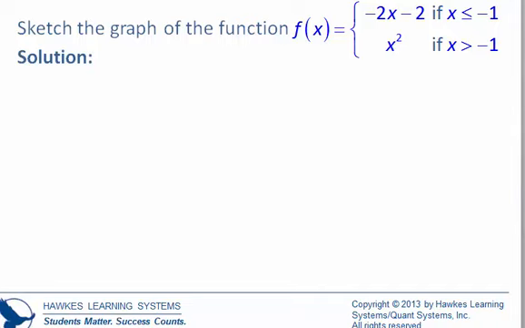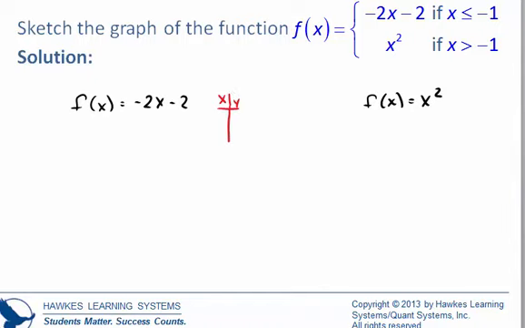What I'm going to do is take each of these functions and graph each one separately. So I'm going to graph negative 2x minus 2, and I'm also going to graph x squared. In order to graph negative 2x minus 2, I may want to do a couple of points. I know that's going to be a linear graph.